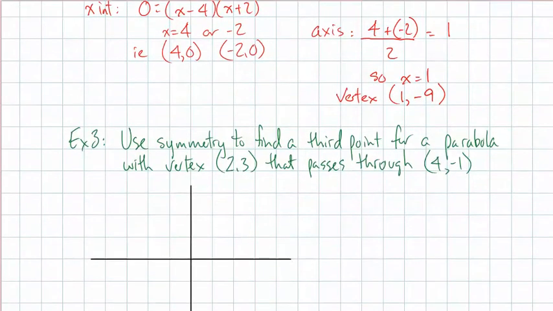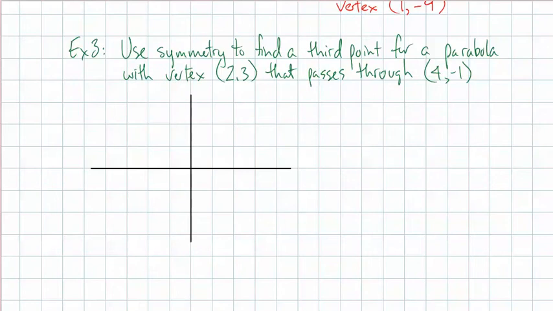Alright, one more example, and it has to do with the symmetry. Use symmetry to find a third point for a parabola that has vertex at 2, 3, let's plot that, and it passes through 4, negative 1. So I know these things. Now, I don't know the equation, but I can work visually and with symmetry. The vertex is on the axis of symmetry.